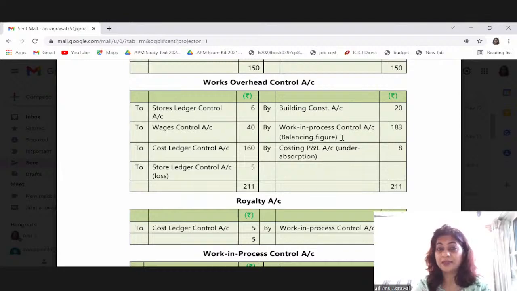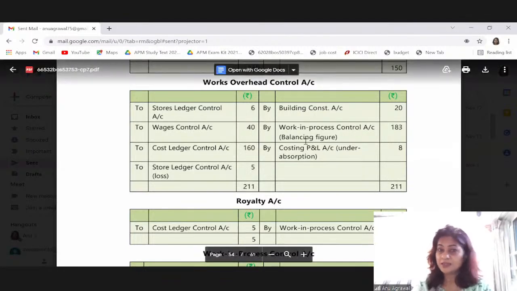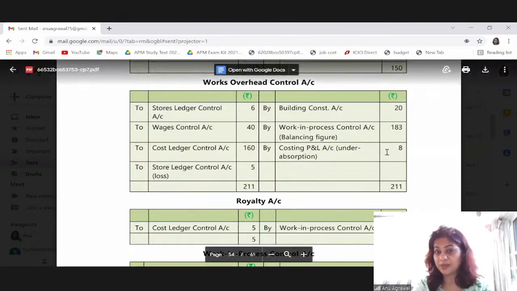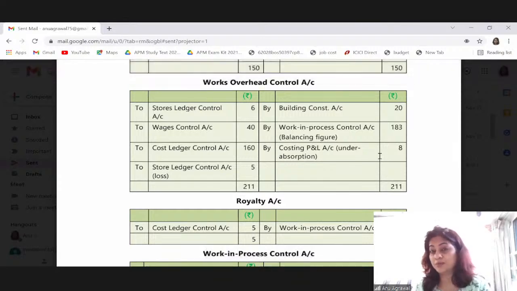That is why there is a balance from store ledger and wages control account. Since there is no opening balance, whatever is coming out to be under absorption, which they have already given us, will go down to your costing P&L account. And the reason why it will go down to costing P&L account, I have explained to you. So Shreya, I hope you have understood your doubt.